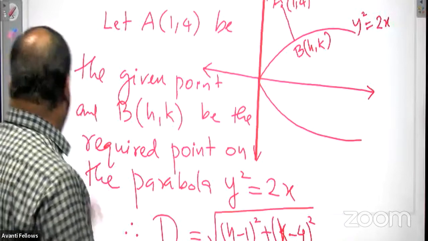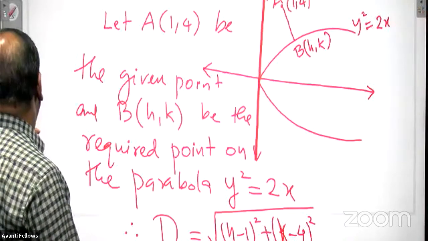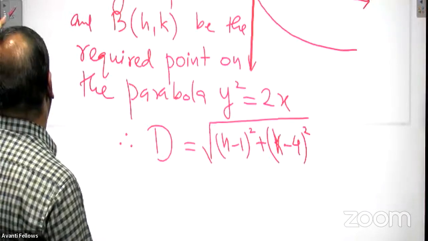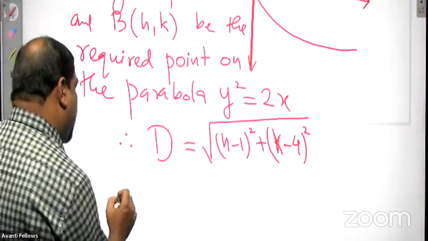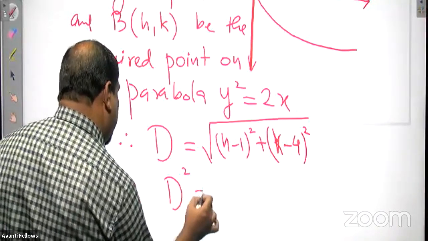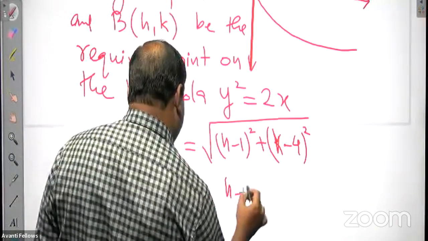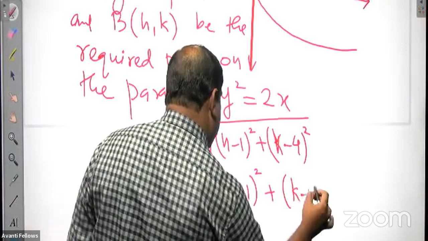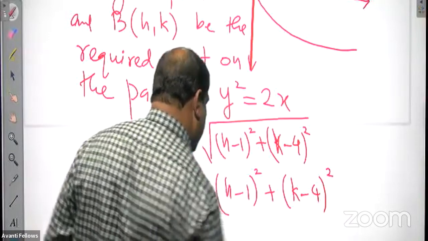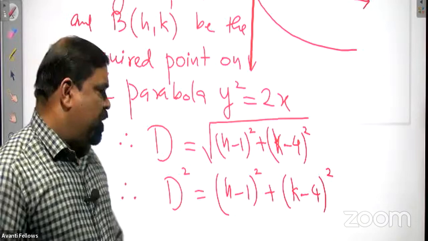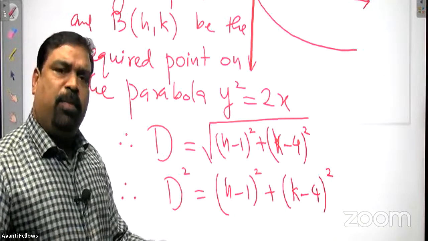Now, to avoid the root for differentiation purposes, it is better to remove the root. Yesterday also we used the same technique. So let us take the square of D, that is D square. So D square is equal to h minus 1 the whole square plus k minus 4 the whole square. Whenever D is maximum or minimum, D square is also maximum or minimum.